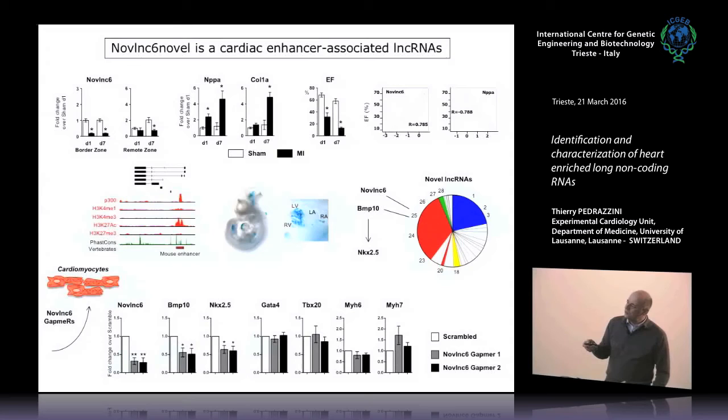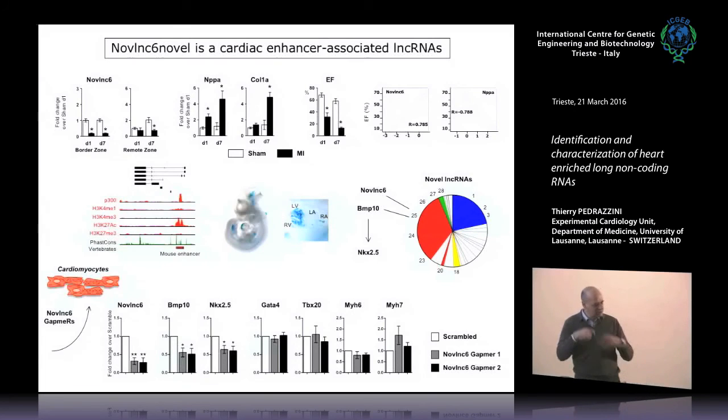And if you now use oligo to downregulate the expression of this transcript in cardiomyocytes, you have this downregulation here. You modulate BMP10 and also NKX 2.5, but you don't touch other important cardiac genes, suggesting high specificity in the control of this gene expression.